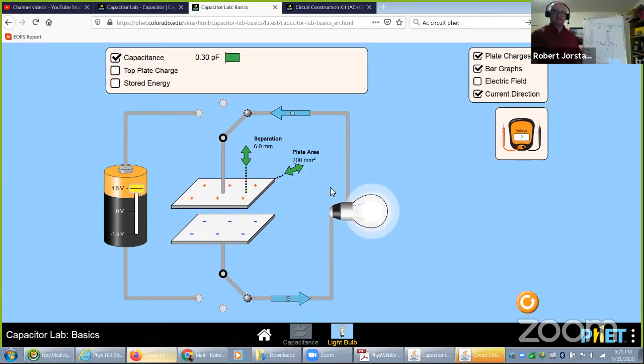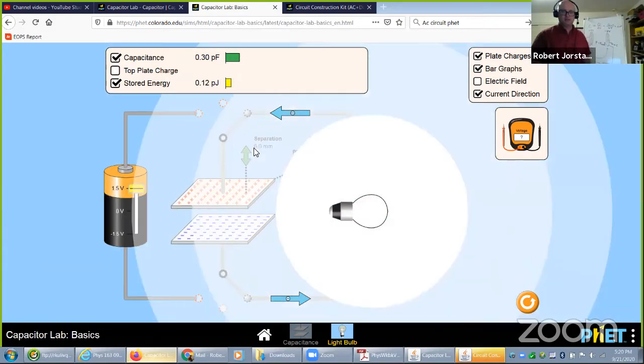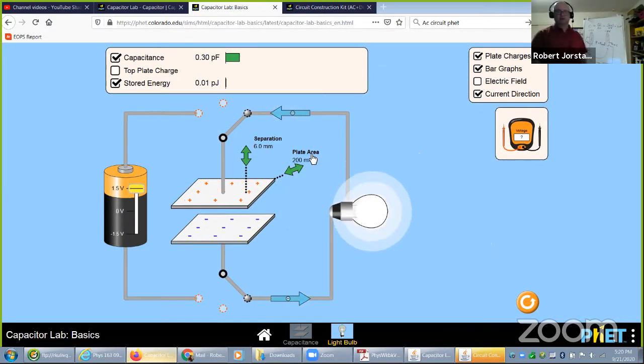The idea is you're going to use up the energy that's been stored on the capacitor. So here I have a charged capacitor. Energy is stored, so try to think of this as energy. And then I'm going to release this energy in the form of light. That's what we're trying to do here.